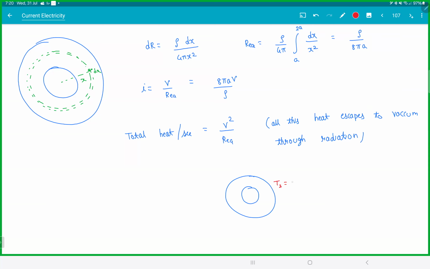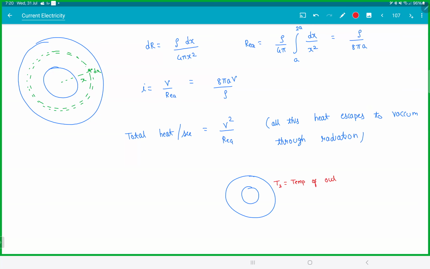If I take T2 as the temperature of the outer surface, all this radiation is how much? Sigma A E T2 power 4. That should be equal to V square by R equivalent. Area will be 4 pi (2a) whole square. Simplify this, you'll get T2 from here.